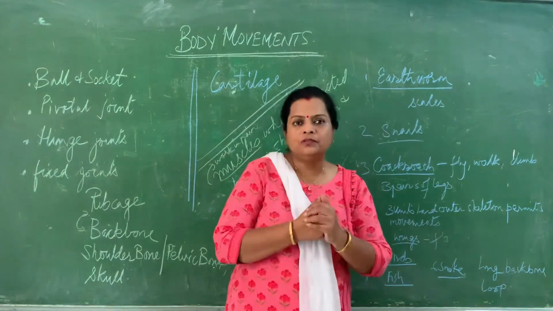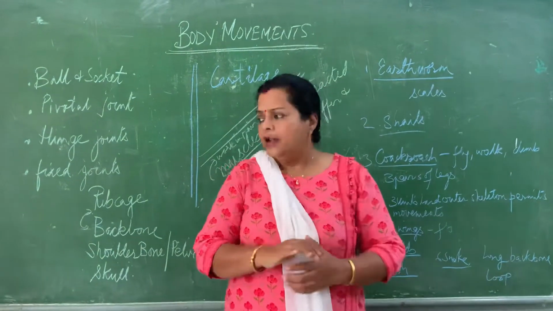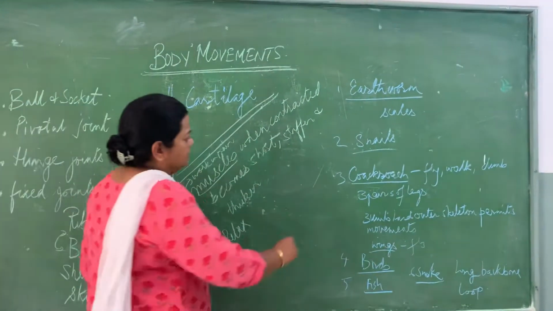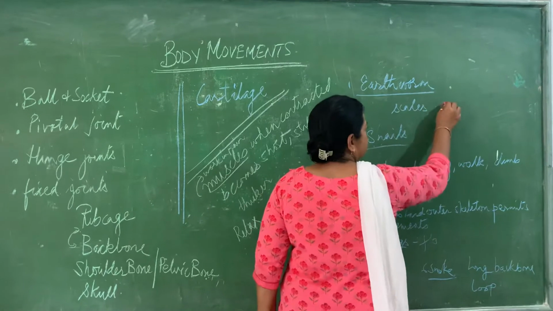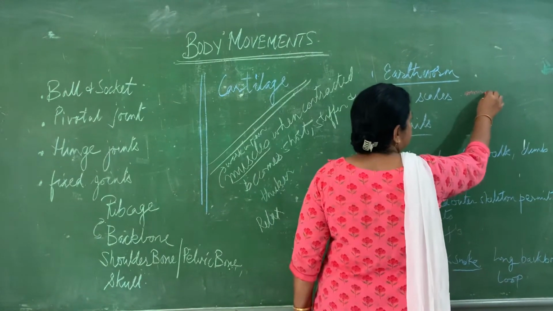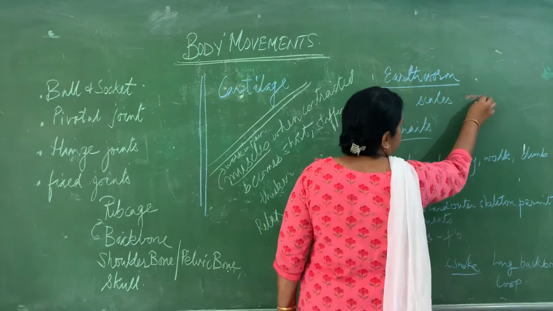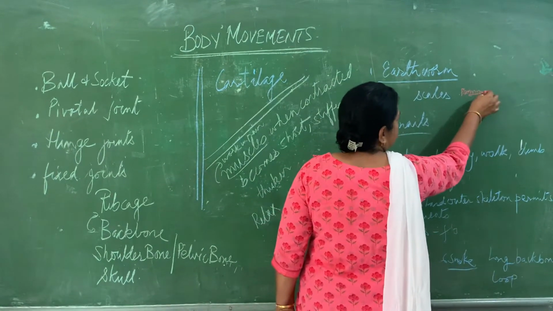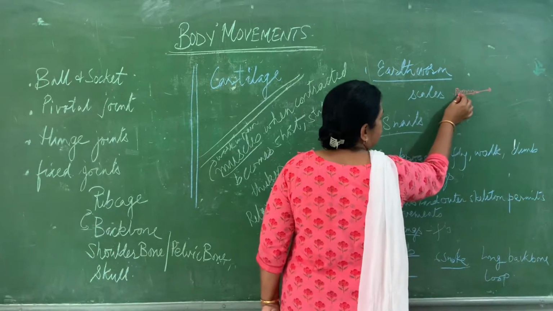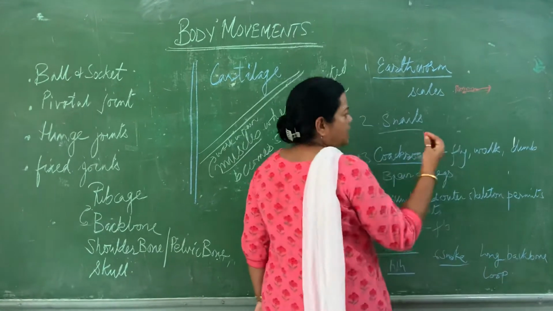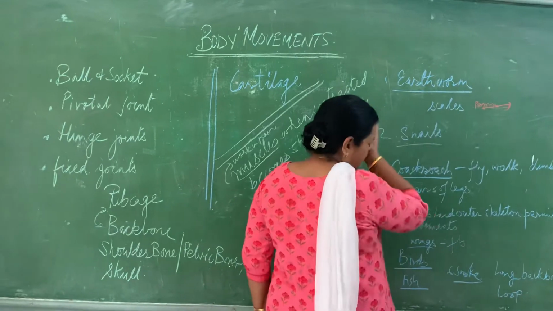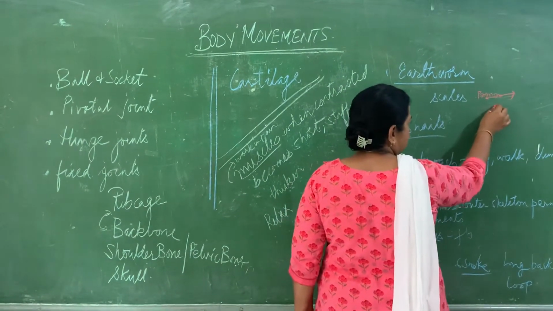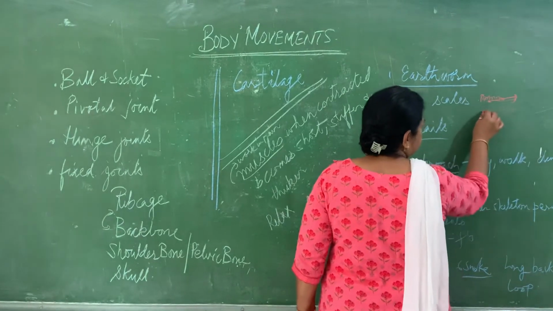First, we come to the earthworm. You all might have seen the earthworm. Now, what happens in the earthworm? How is the movement? The earthworm is made up of many small segments. It sticks itself at one end and contracts.